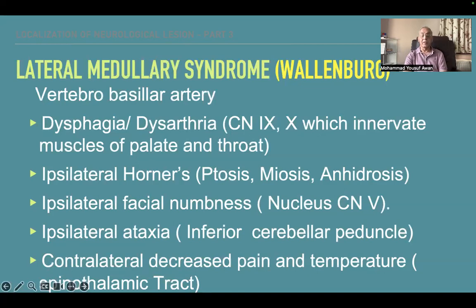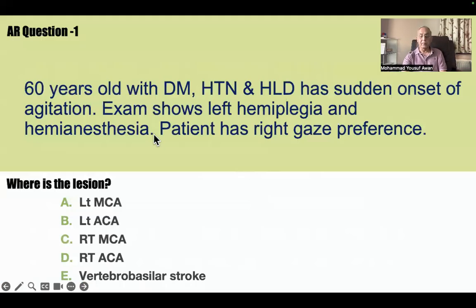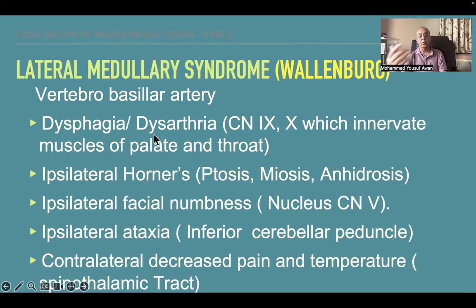It affects the brainstem circulation involving cranial nerves 9 and 10, which supply the muscles of the palate and the throat, and this will result in dysphagia and dysarthria. Dysphagia means difficulty in swallowing, and dysarthria means difficulty in producing speech. So these are the brainstem signs. Ipsilateral Horner syndrome, a sympathetic lesion causing ptosis, miosis, and anhidrosis.